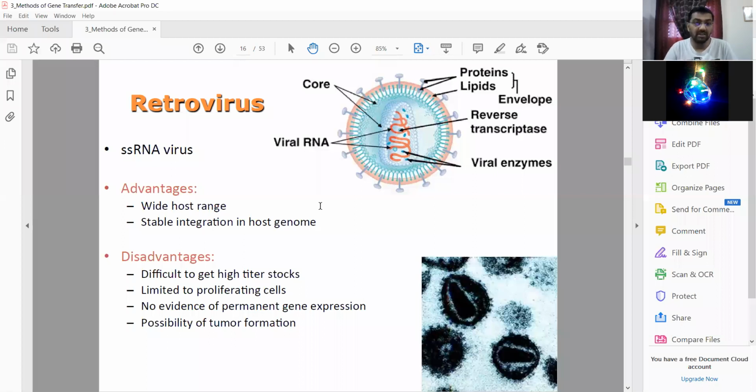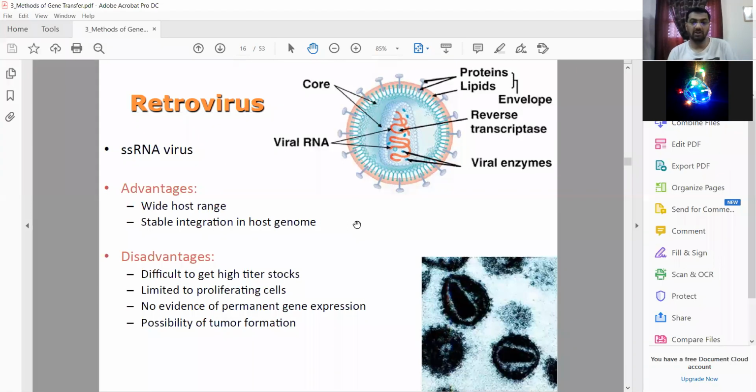The disadvantage with this retrovirus is that you cannot achieve high titers of viral stocks when you are doing packaging of these viruses. They have limited working towards proliferating cells, meaning they could only affect proliferating and dividing cells.